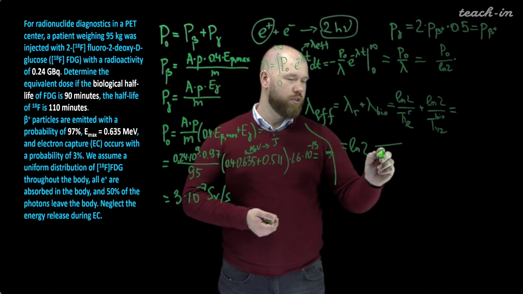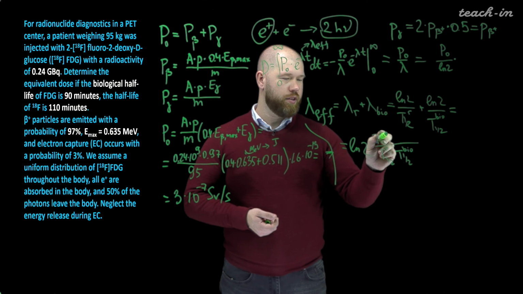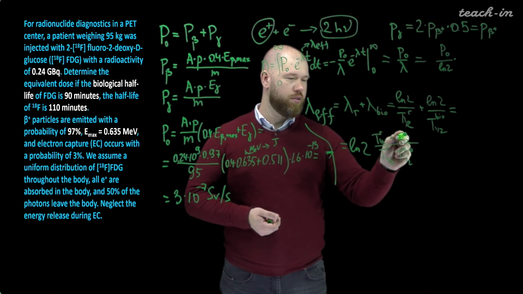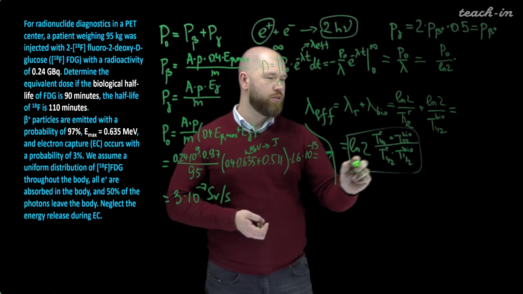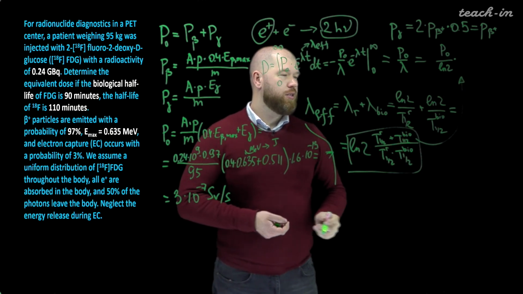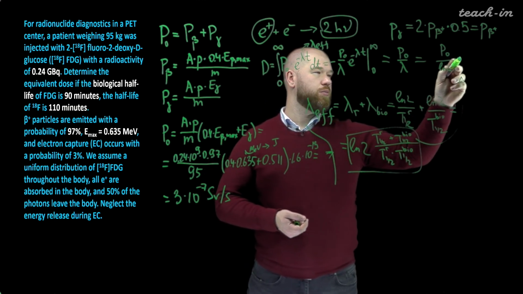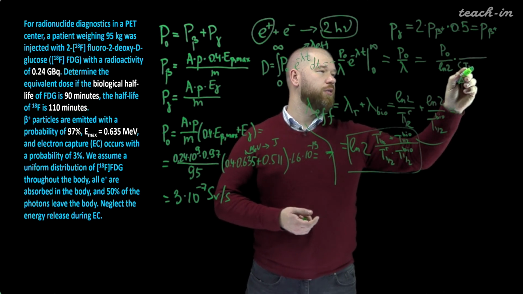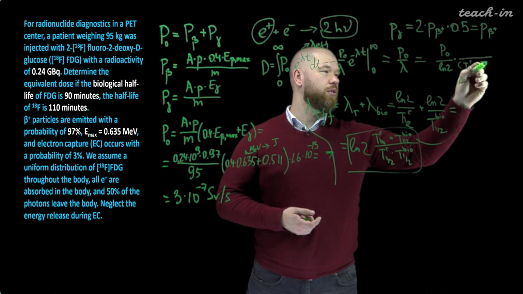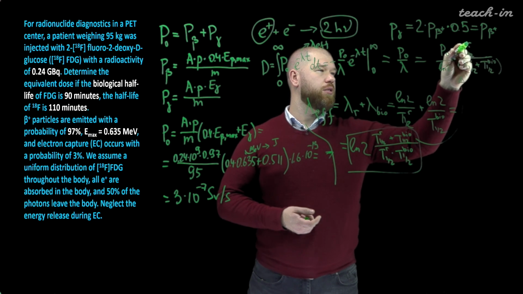Here it will be a product of these two half-lives, and it will be a sum of these half-lives in the upper part. So, and this expression we will use here. So log 2 will be here. Here it will be the sum of these two half-lives. And it will be a product in the upper part.